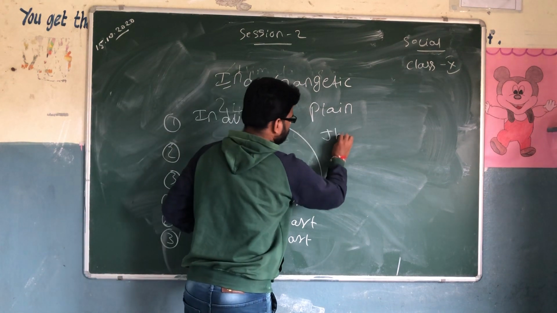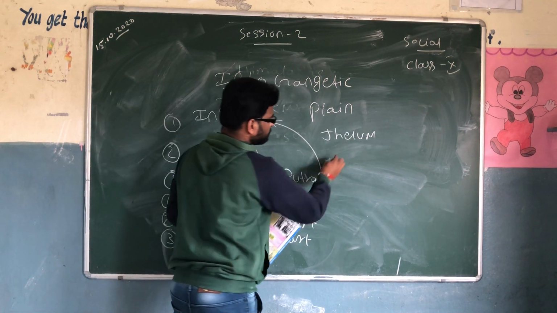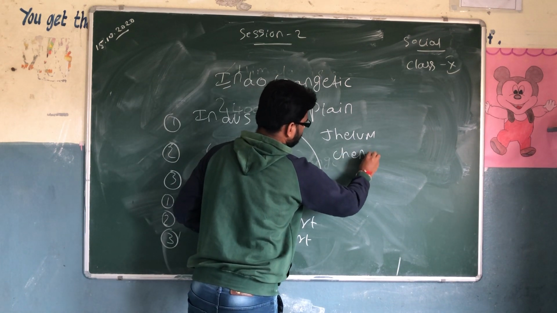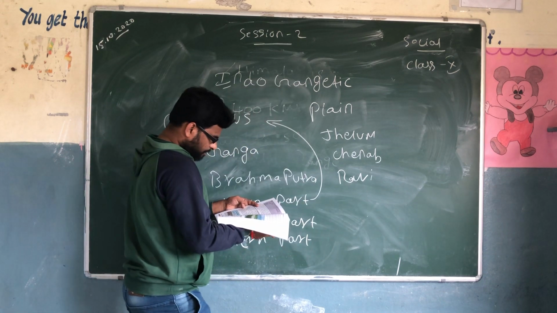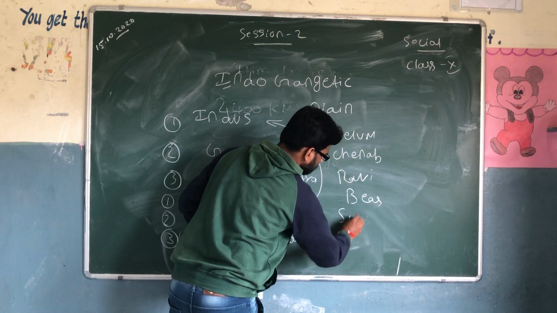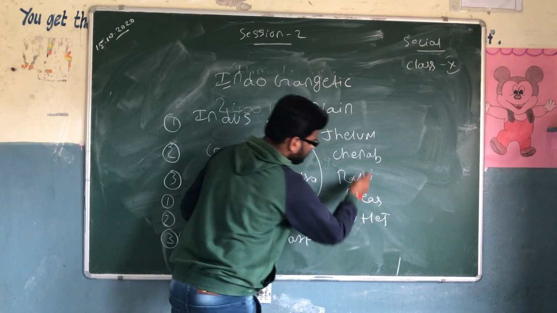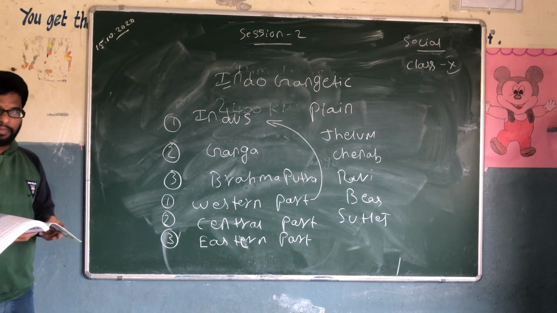The Jhelum, Chenab, Ravi, Beas, Satluj. These are the rivers that flow from the Himalayas.